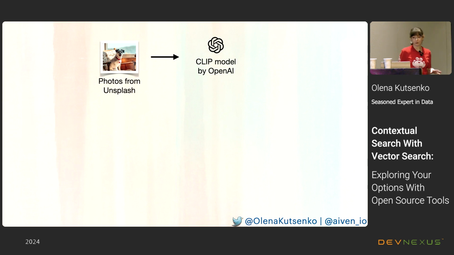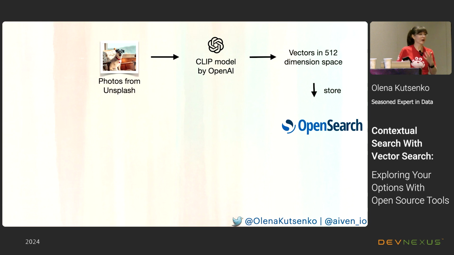This is a CLIP model from OpenAI. I'm taking those images, putting them into vectors again, and storing that. For this particular demo, I'm using another open source database, OpenSearch.